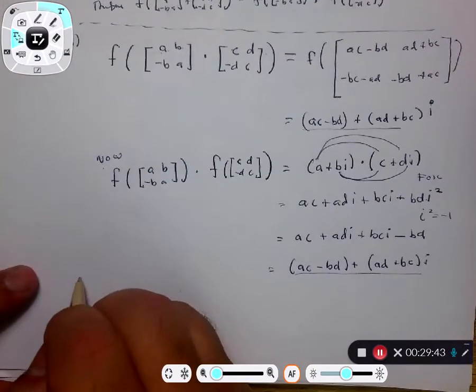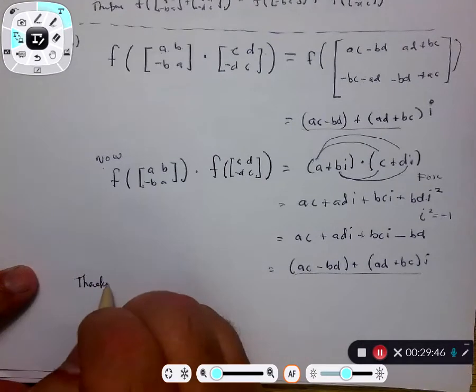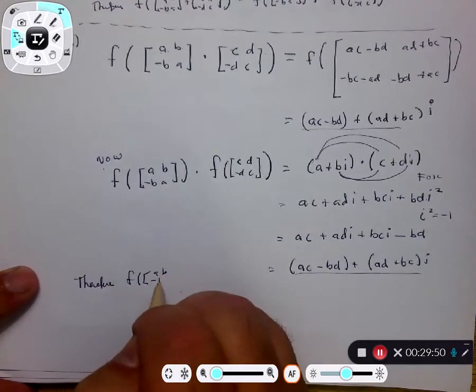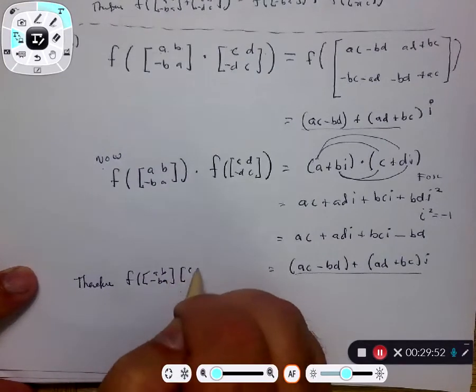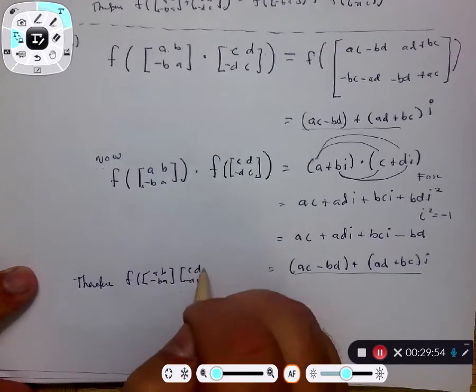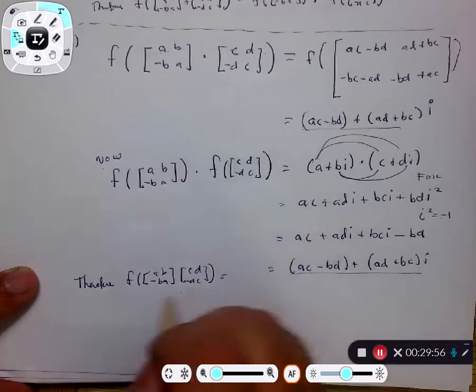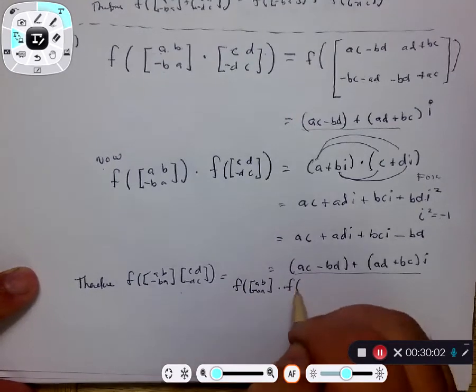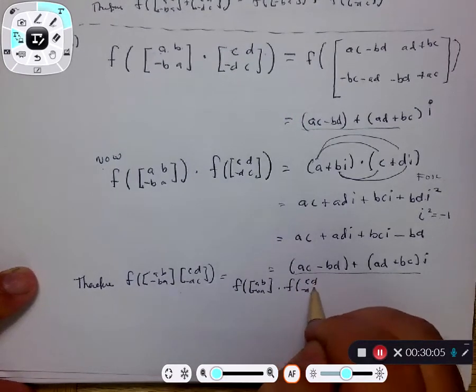Therefore, f of (A, B, negative B, A) times (C, D, negative D, C) is equal to f of (A, B, negative B, A) times f of (C, D, negative D, C).